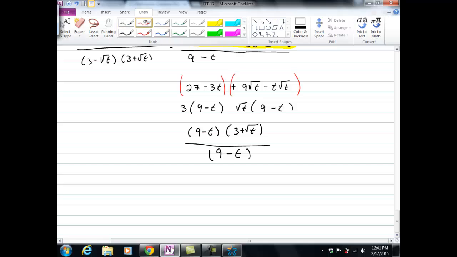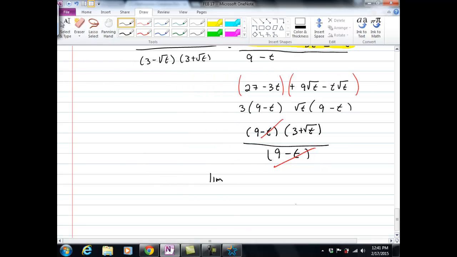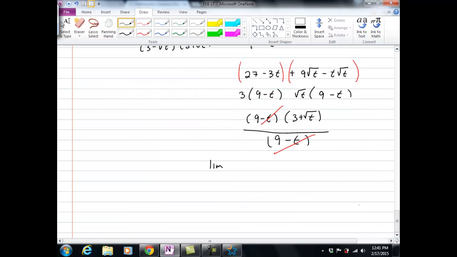So this is gone, this is gone. What I'm really left with is the limit as t approaches 9. Hey, look at this. This now is so easy. That's easy. This really becomes 3 plus 3.